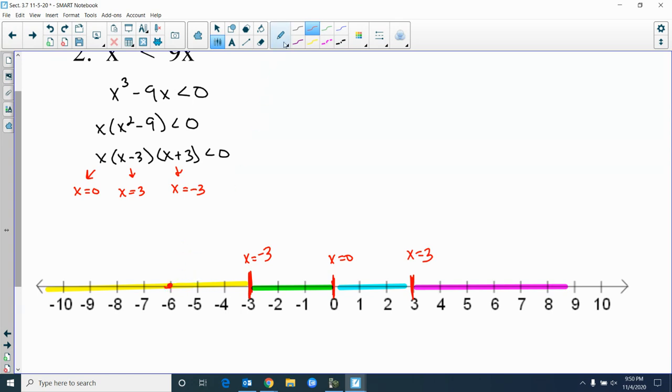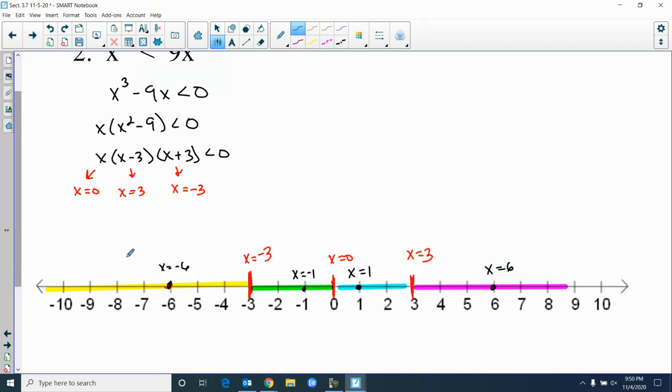So I'm going to use negative 6. That is my test point. I'm going to use negative 1. All right, I said I always like to use 0, but I can't if it is one of my zeros. So use 1, and then I'm going to use 6.